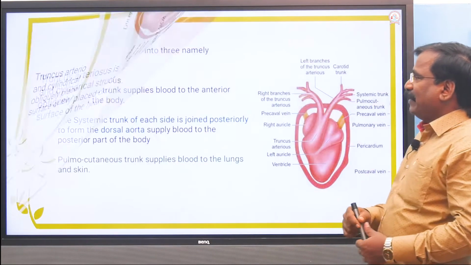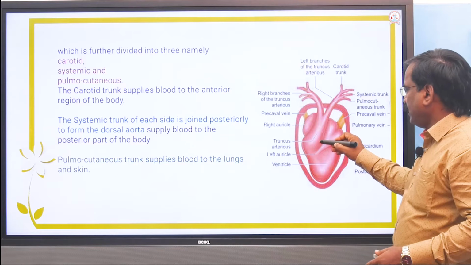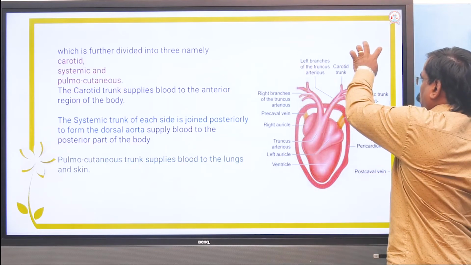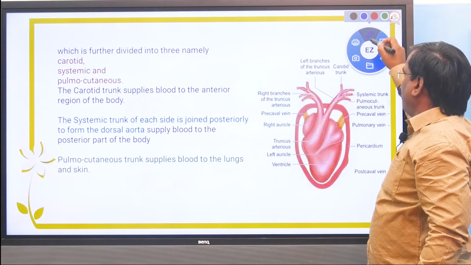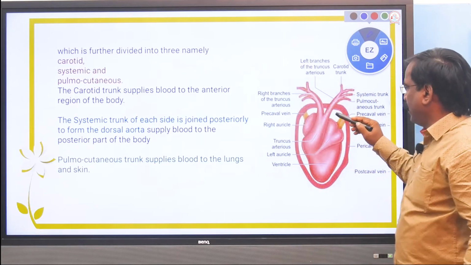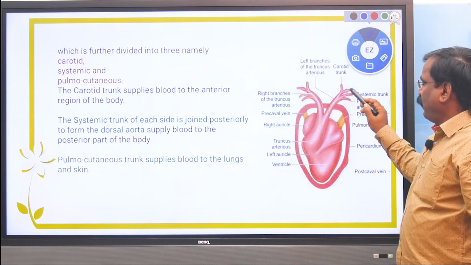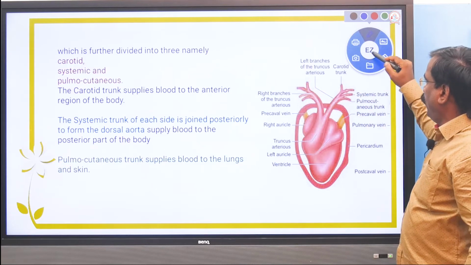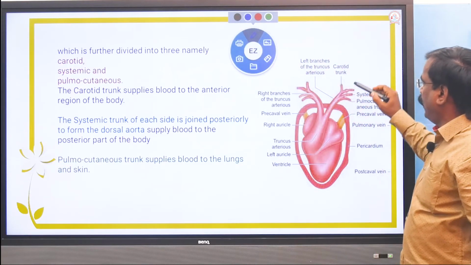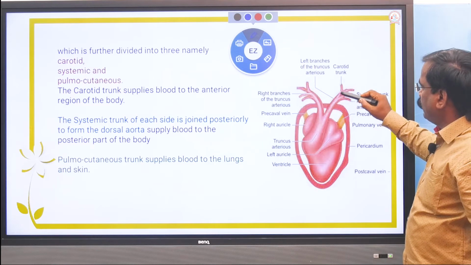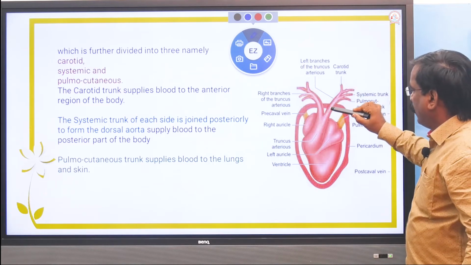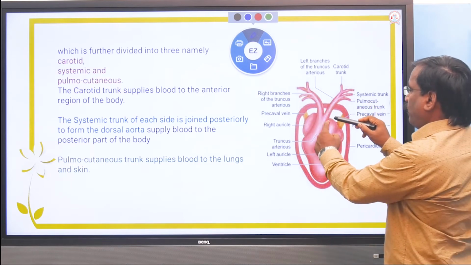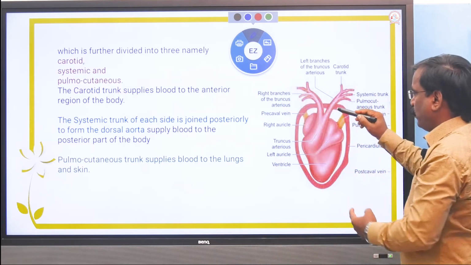Now, very important: the Truncus Arteriosus is divided into left and right Truncus Arteriosus.